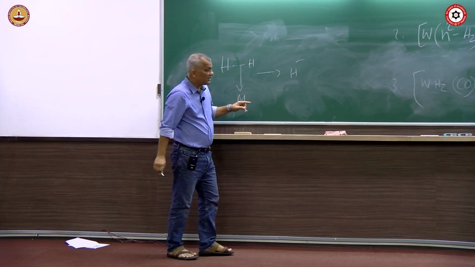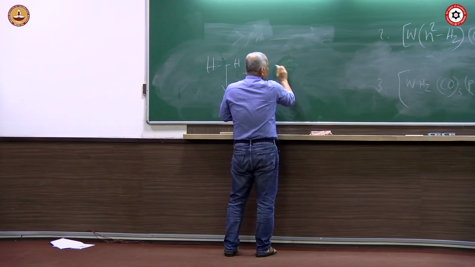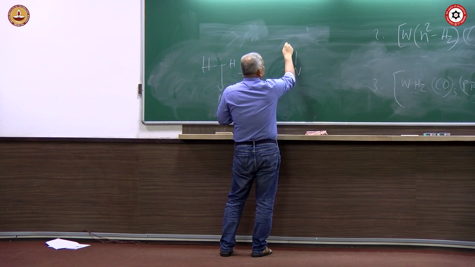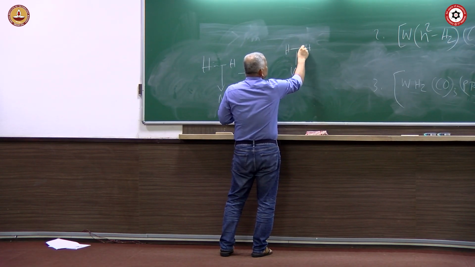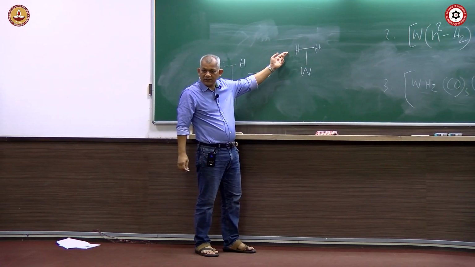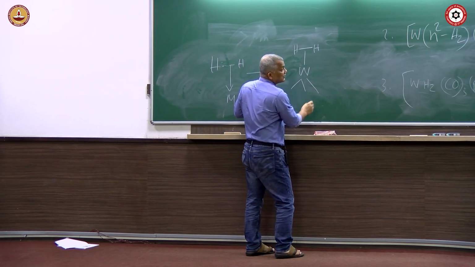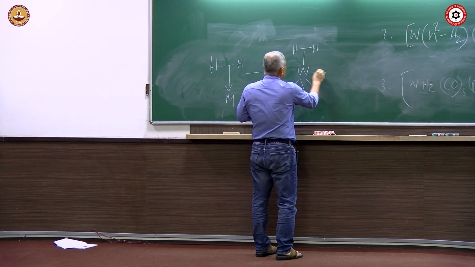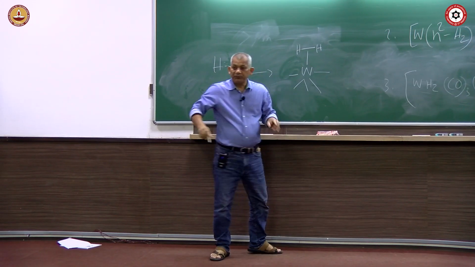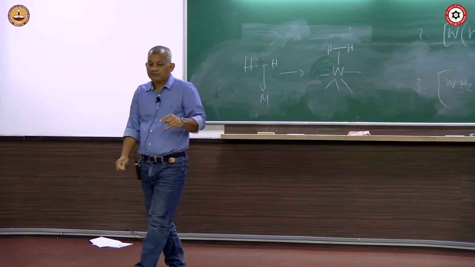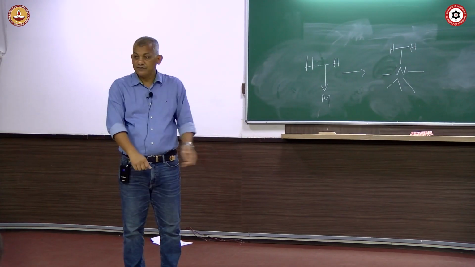Okay, the first one, you have your tungsten, this, that is eta 2, and the rest of the things are fine. CO3, and you have 2 phosphine. So phosphine gives how many electrons, Narendra? Very good. So you have CO3.